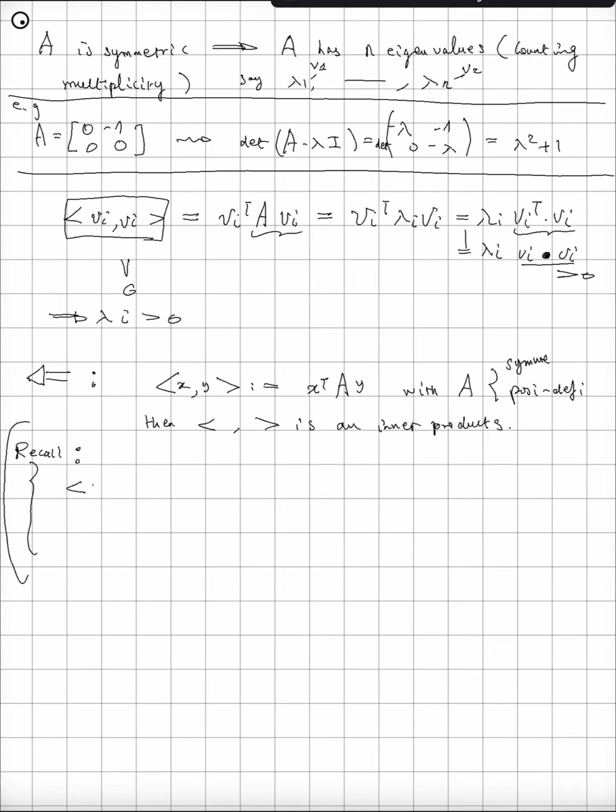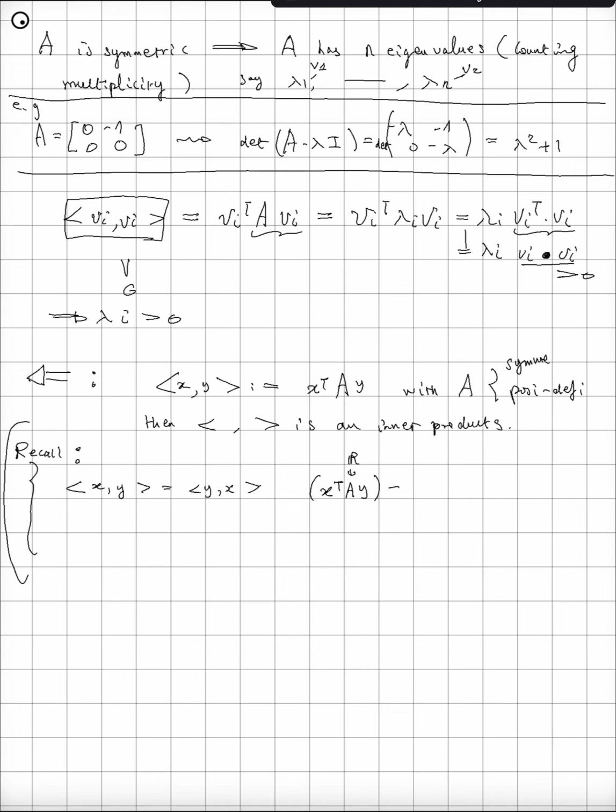Firstly, xy equals yx. Okay, and just very quickly we could check this, because x transpose A y corresponds to the left hand side, but this is a real number, right?